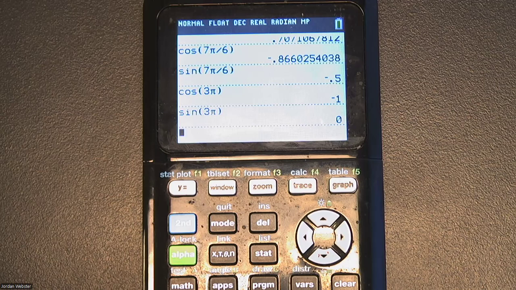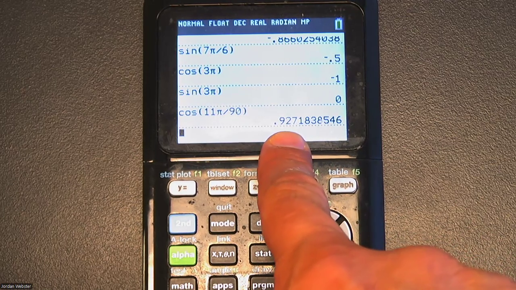And now if we wanted to, even though we don't have a nice triangle to deal with the 22 degrees, we can take cosine, since I'm in radian mode, I'm going to plug in the radian version of 22 degrees. That's 11 pi over 90.